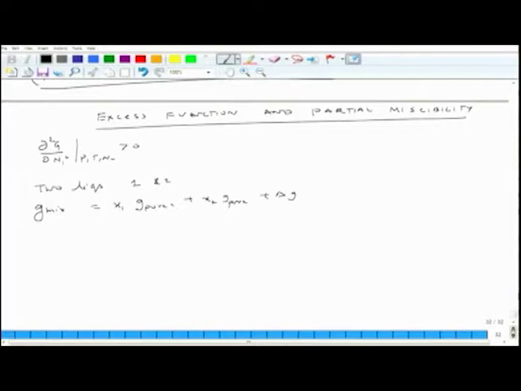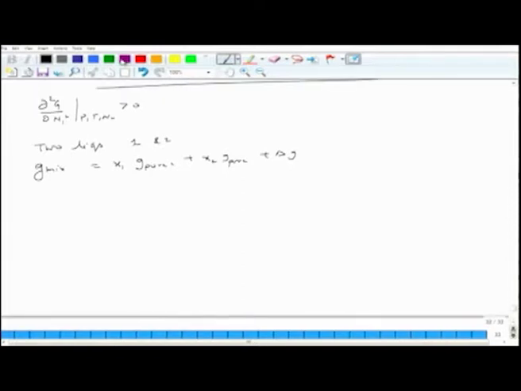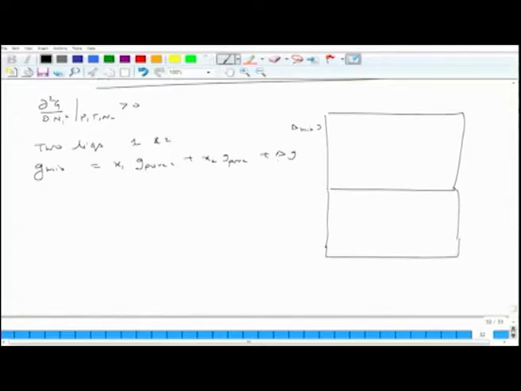Let me draw an interesting curve here. I am plotting delta mix G as a function of composition, and beneath here we have temperature versus composition.